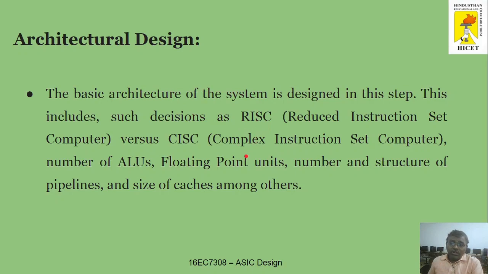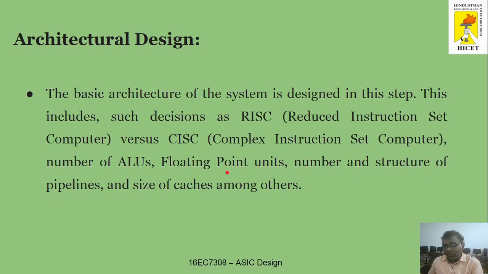In general, first the company defines the outline of the IC that they expect, and in that they will give you the inputs, whether it is going to be analog applications or digital applications. By defining that, they will go with RISC or CISC or anything else.